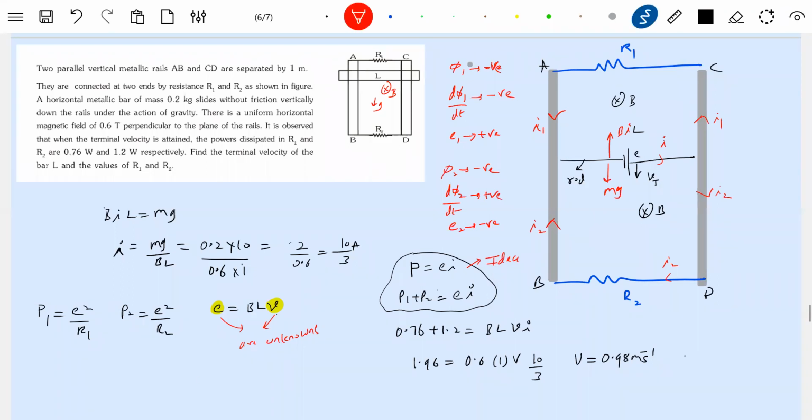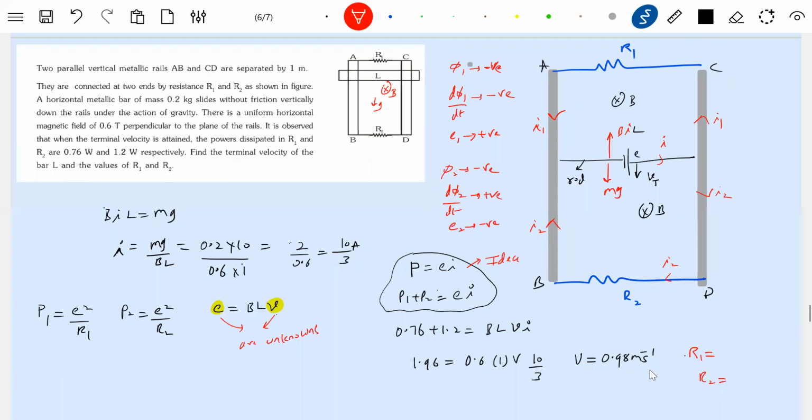Value of R1, R2. Gunitra? R1, R2. Gunitra, value of R1, R2.